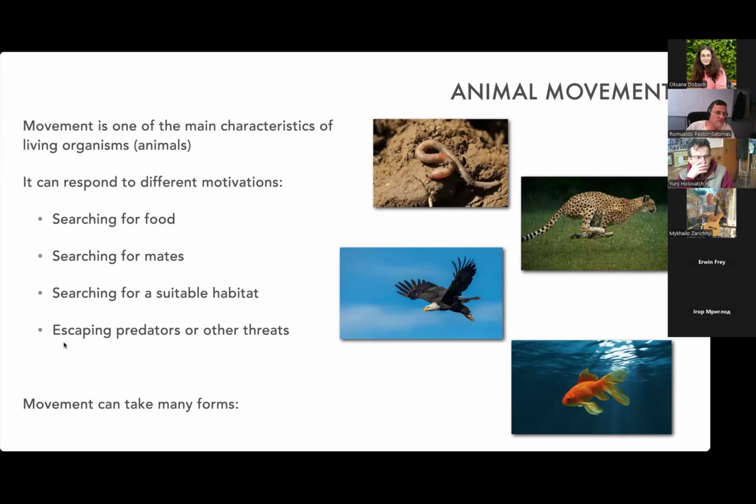They also have to move to escape predators that want to eat them. So this movement can take many different forms. We can have crawling, running, flying, swimming. Here in particular, I'll be especially interested in this kind of movement, the swimming of fish.